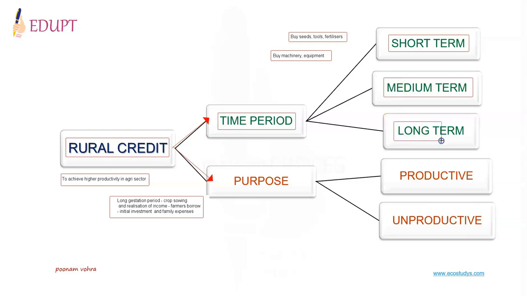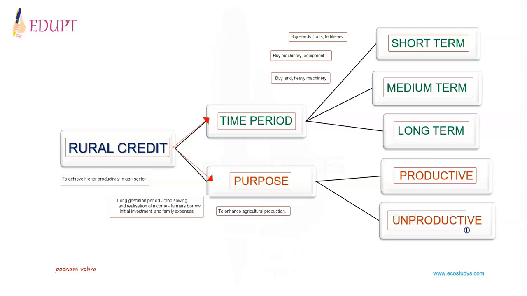And for long term, to buy land, heavy machinery, and so on. And according to purpose, farmers borrow for productive purposes, to enhance agricultural production, and for unproductive purposes, to meet social obligations.